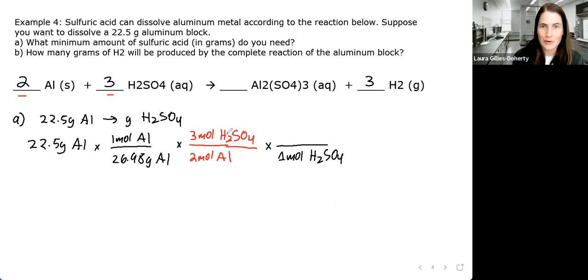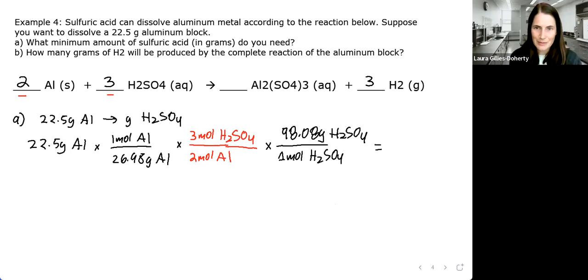And I get 98.08 grams. Make sure you get the same thing. I'm going to double check mine since I almost started that one off with a typo. So 4 oxygens plus sulfur, plus 2 hydrogens. I got the same thing.